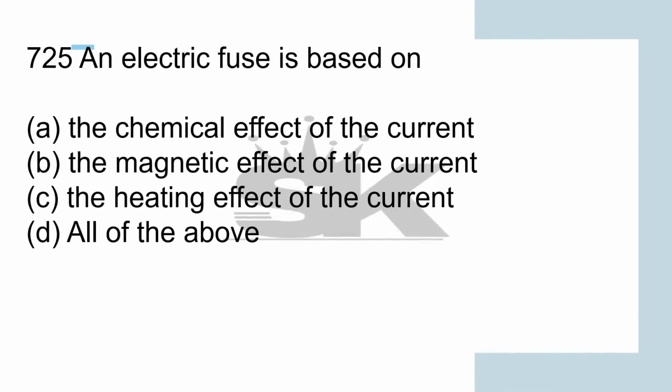An electric fuse is based on the heating effect of the current. Electric fuse has a low melting point. So when high current flows through the fuse wire, it heats up and melts and breaks the electric circuit.